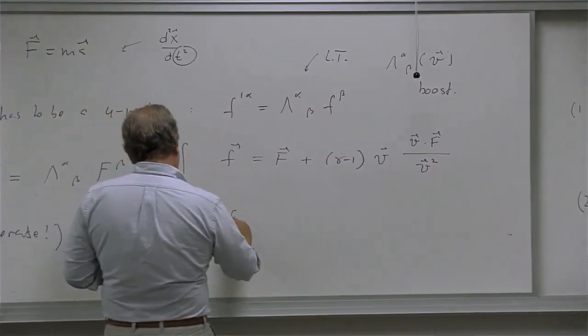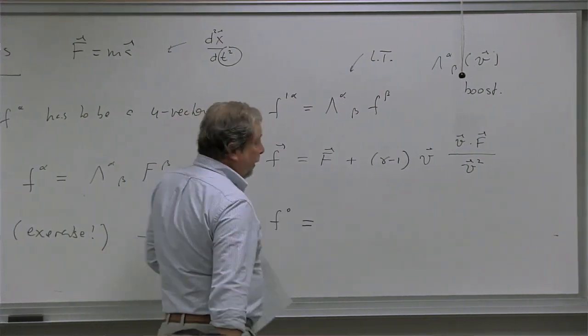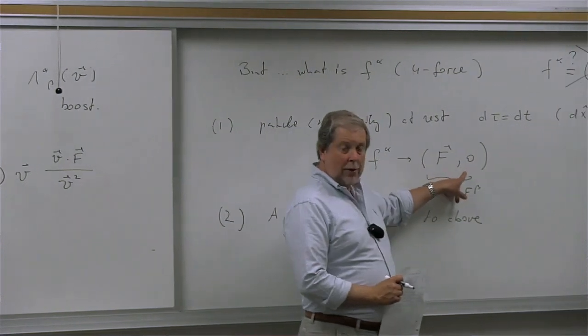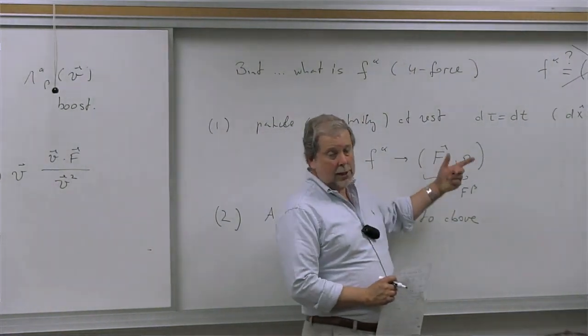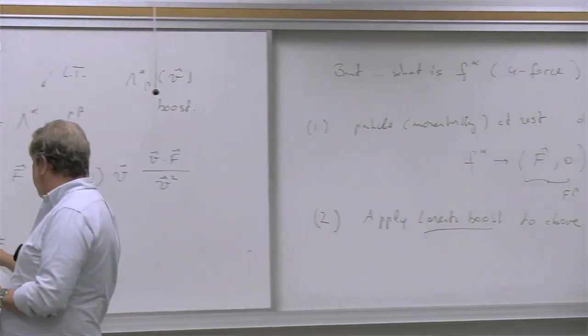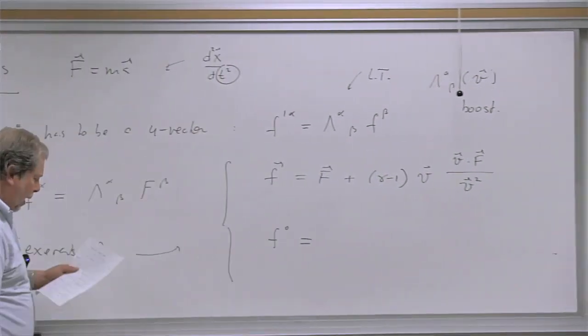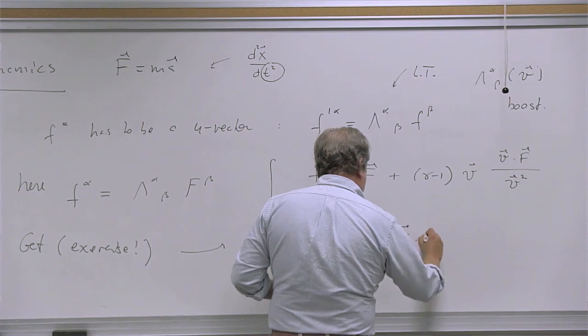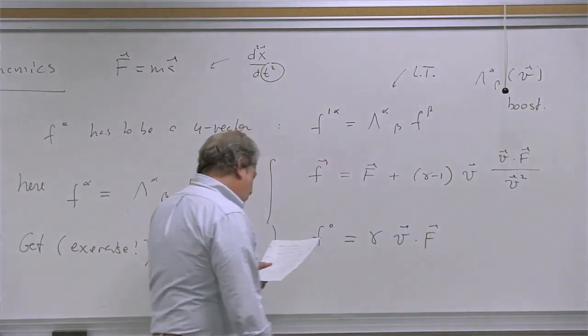And what about f naught? Well, when you act with a matrix on a vector that has an entry which is 0, you don't get 0 again; you get some non-zero matrix element. So the naught component of the little f is non-zero, and it is equal to gamma times v dotted into f.